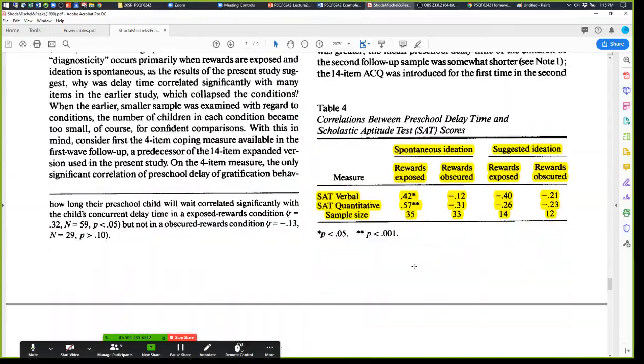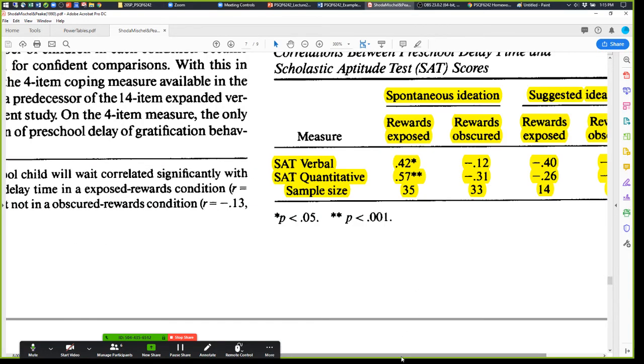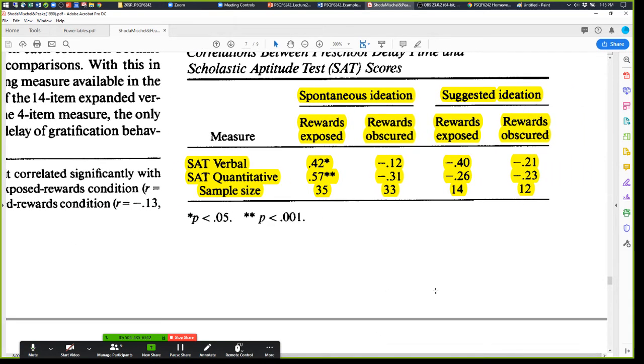There's the table. I'll try to blow this up so everybody can see it. These are Pearson correlations between verbal and quantitative SAT scores within each of these groups of participants. One that they are excited about is the one with the stars. Stars mean significant, and more stars means more significant.